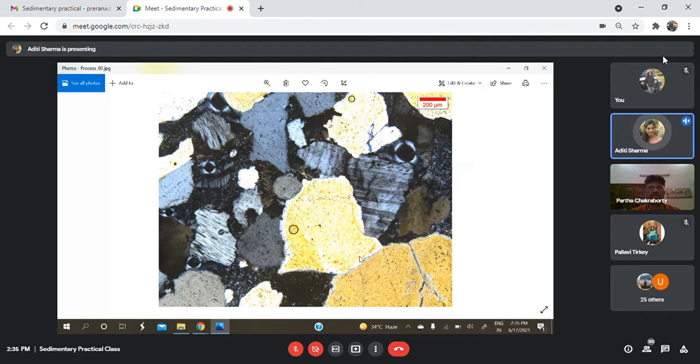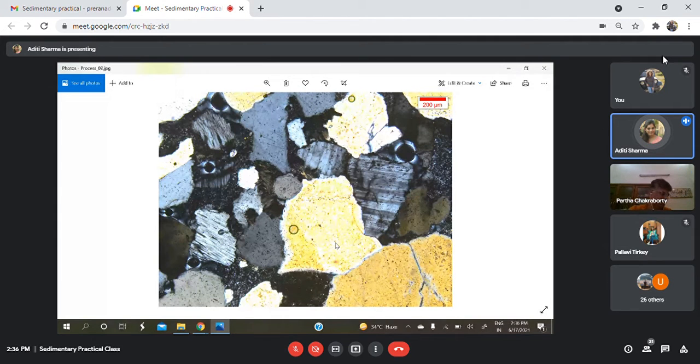If we see the crossed polar image, in the cement you can see the silica overgrowth. It is clear here and in this part, and there is a lot of feldspar in this image, and these yellow grains are the quartz grains. Usually we keep the thin section thickness as 0.03 mm.